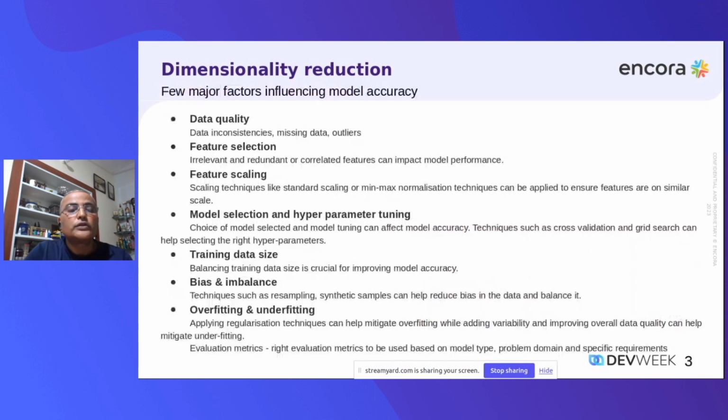Okay, I'll just move to the next slide. As I was talking about, some of those features could influence the model accuracy. What we see here is a list of factors that can adversely impact the model accuracy. First, data quality. Data quality is very important with the data set.